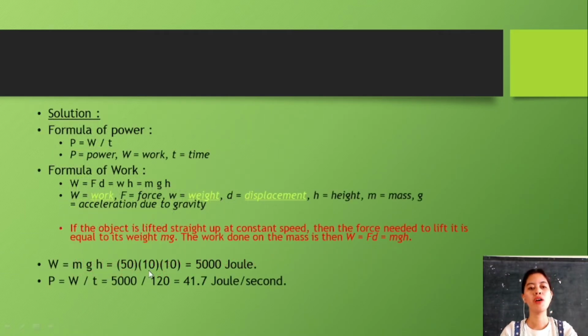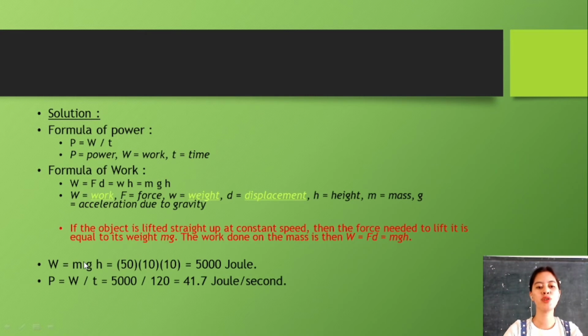Solution. The formula in finding the power is work over time. Work is equal to force times distance, which is weight, or mass times acceleration due to gravity, times height. In other words, work is equal to mass times acceleration due to gravity times height.